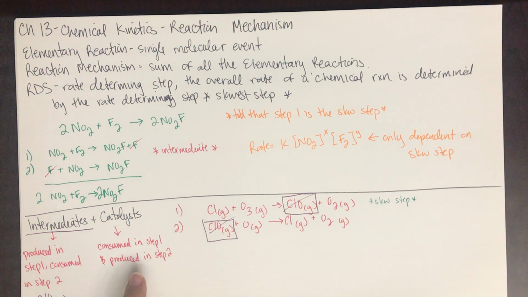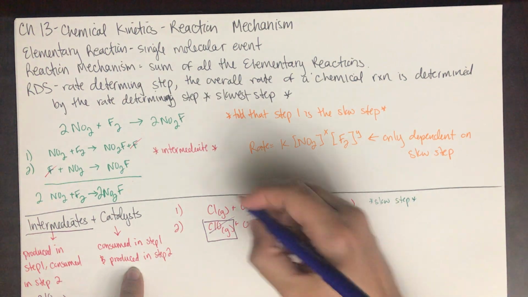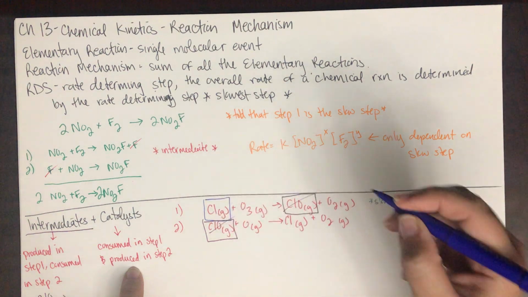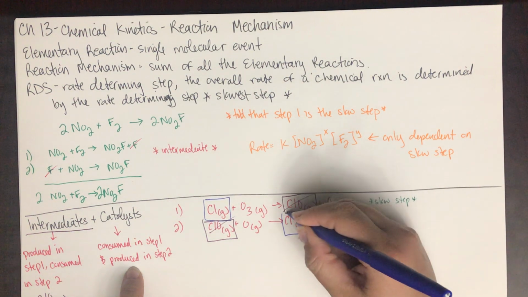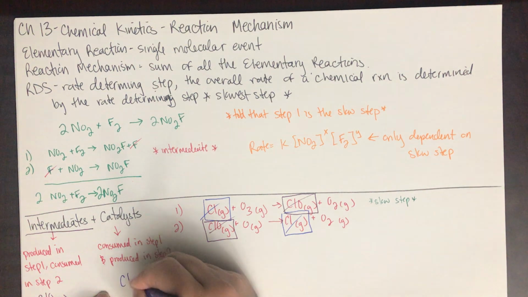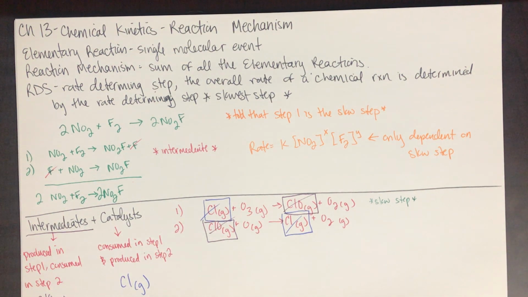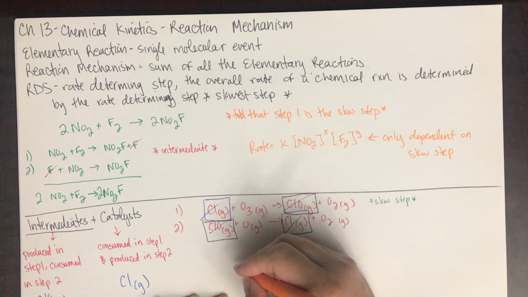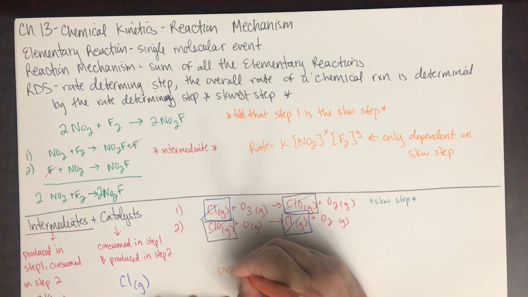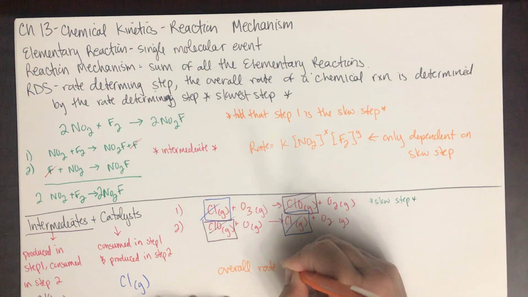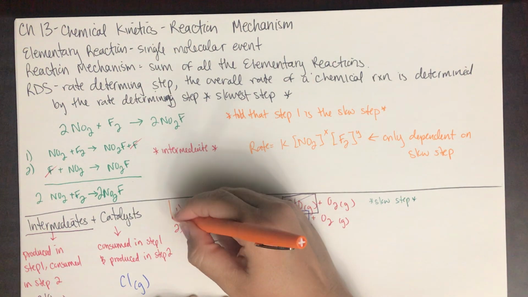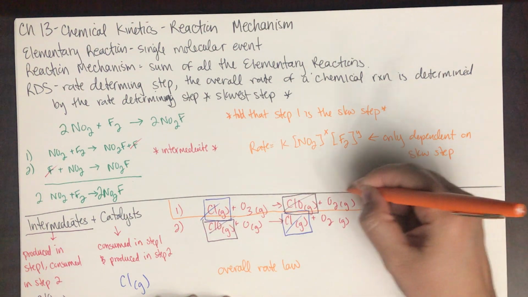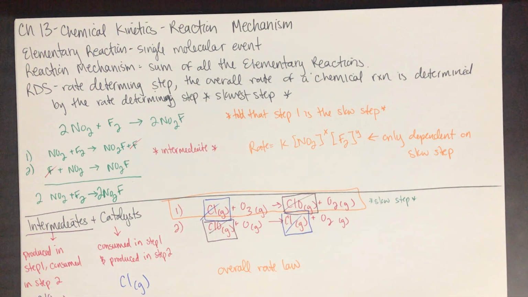The catalyst is something that is consumed in step 1 and produced in step 2. So here we have this chlorine consumed in step 1, produced in step 2. That would be my catalyst. And if I was to write the overall rate law, it comes from only the slow step, because that is the rate determining step.